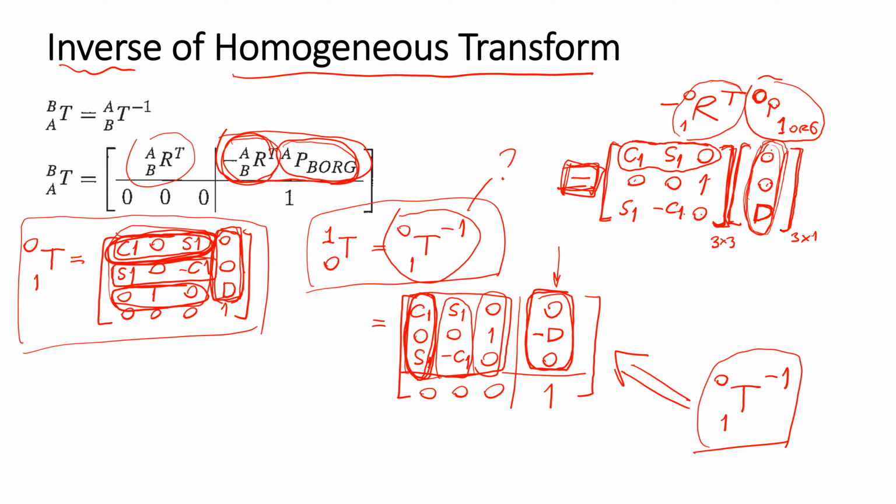And obtain the product from the matrix and the vector, 3 by 1. We have this one. And now we can compose the inverse of the homogeneous transform. Why we need this? We will see why we need this.